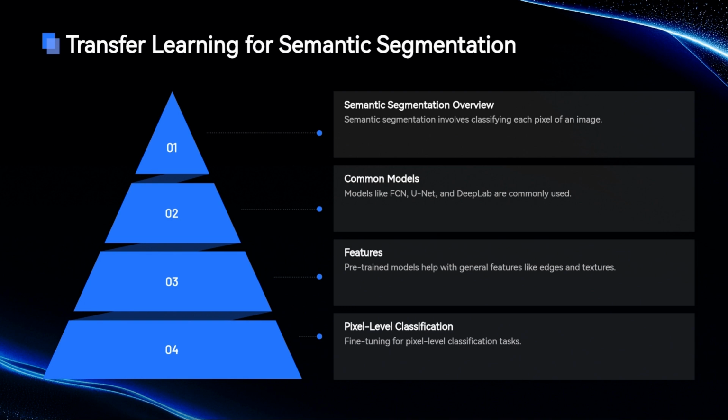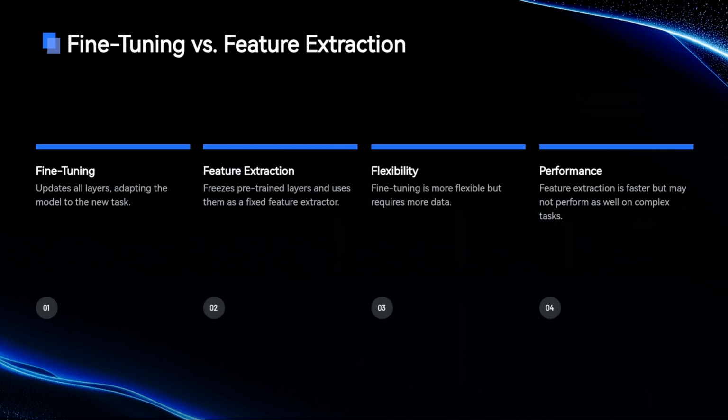By using transfer learning, the general features learned by the pre-trained model, e.g., edges, textures, and object boundaries, can be reused for pixel-level classification. Fine-tuning helps the model adjust to the new segmentation task, which is typically more specialized and requires precise pixel-wise predictions.